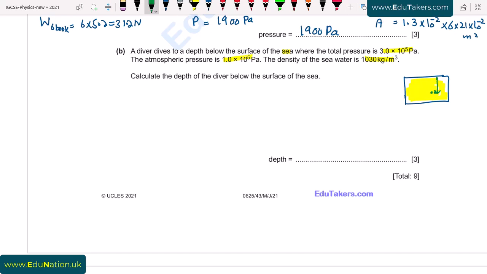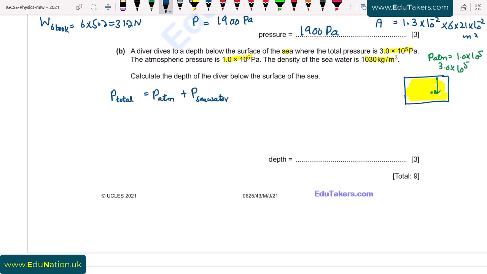And the total pressure will be the sum of atmospheric pressure plus pressure due to the sea water. So the total pressure is given 3.0 into 10 to the power 5 Pascal, while the atmospheric pressure is 1.0 into 10 to the power 5. So when we have to calculate the pressure due to the sea water, we just write total pressure is equal to atmospheric pressure plus pressure due to sea water.